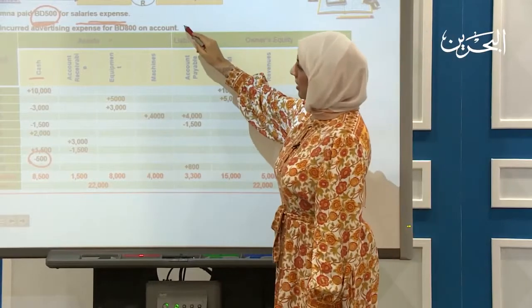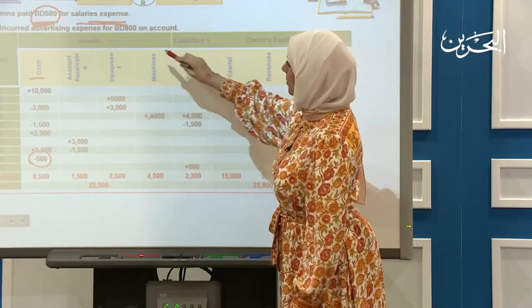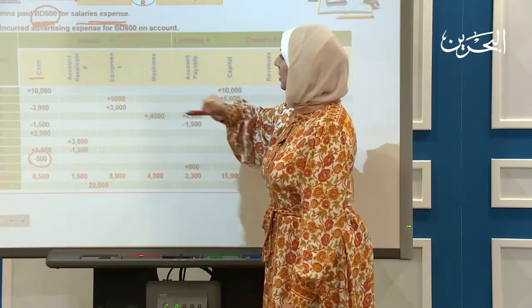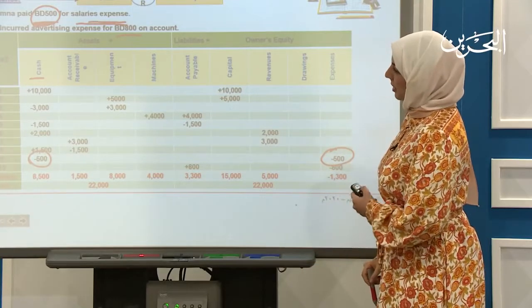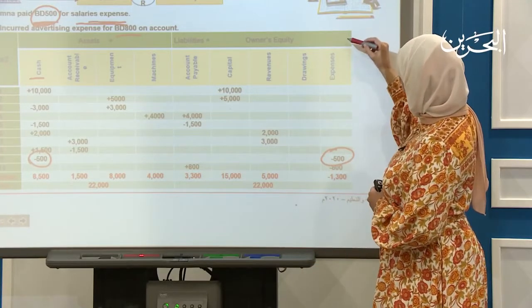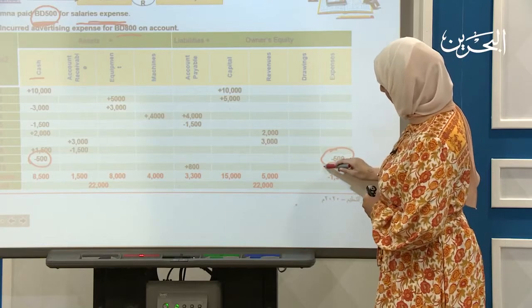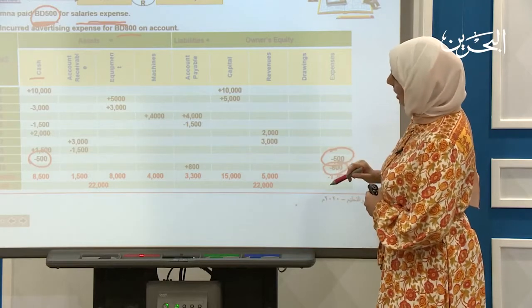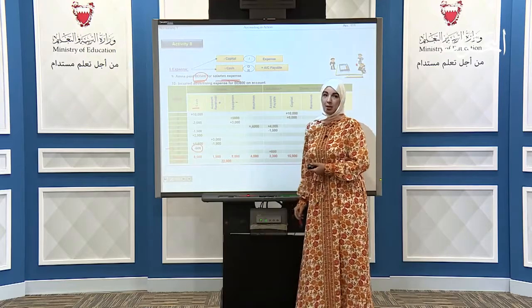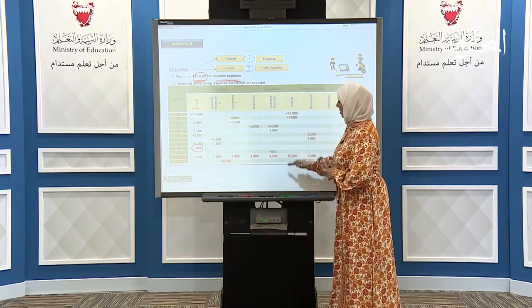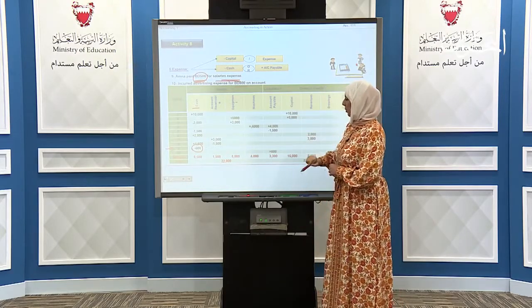Then, incurred advertising expense for 800 on account. If I incurred this expense, coming to the expense section, I will decrease it by 800. Did I pay this expense? I didn't pay it yet, so it is a liability for my company.